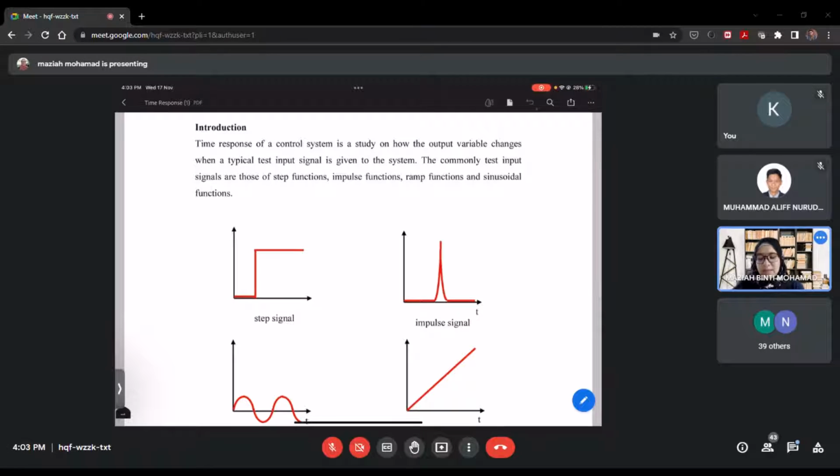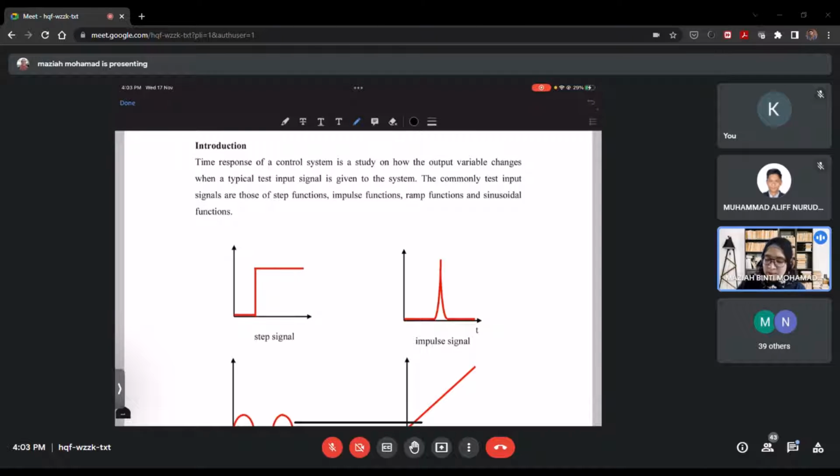This is common test input. The first one is step signal. You can see here the input is in step.